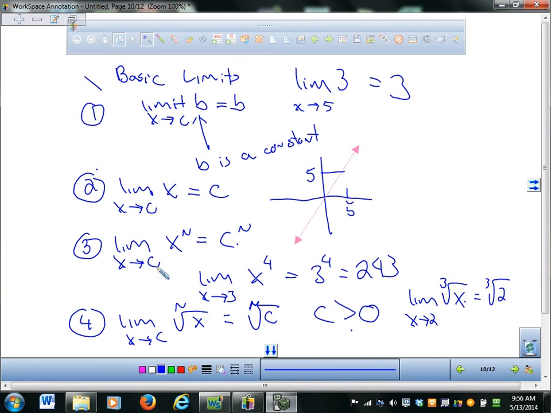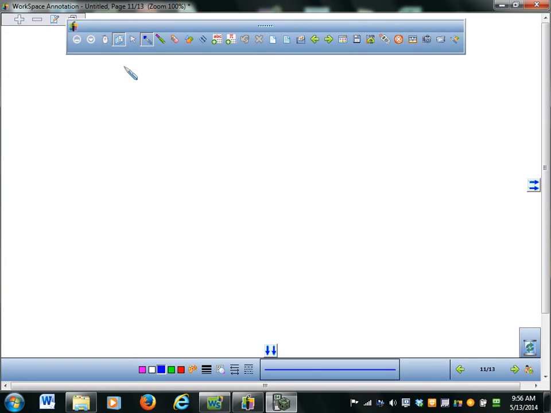And then we have these limit properties. I don't know if you need to write this down. This is pretty obvious, but they talk about them anyway.